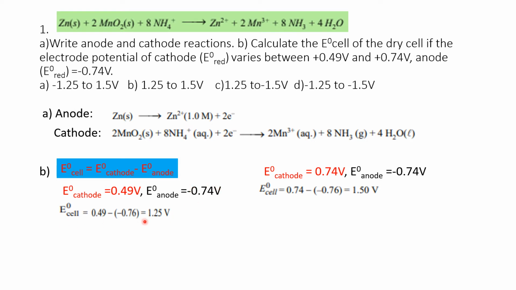I already said in the earlier video that we directly substitute according to this formula. We will get 1.225 for the E cathode value of 0.49. For the E cathode of 0.74, we get the cell potential of 1.50. So it varies from 1.25 volt to 1.5. So what is the answer? Answer is B. We'll see the next sum.